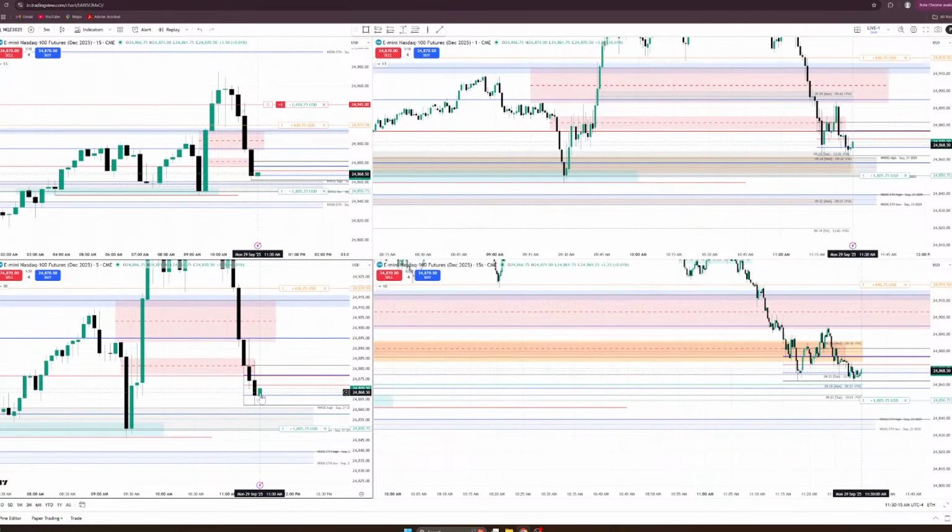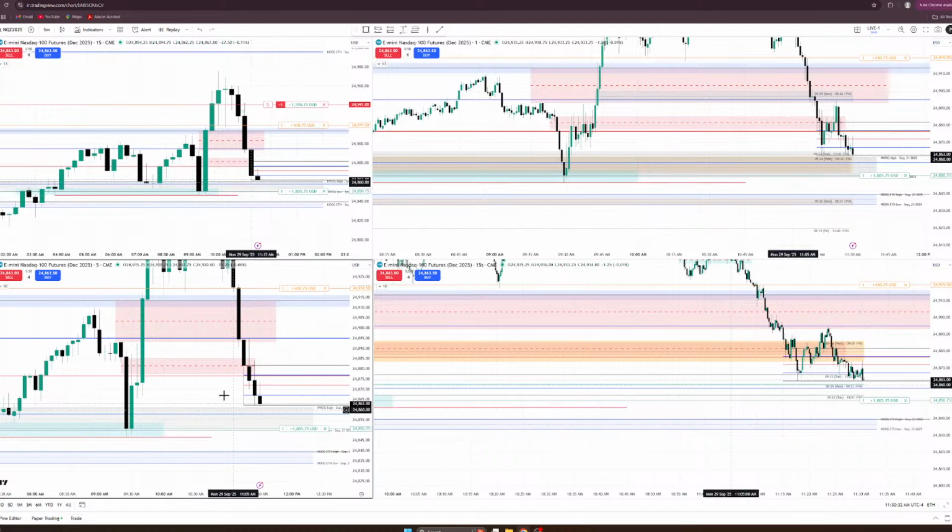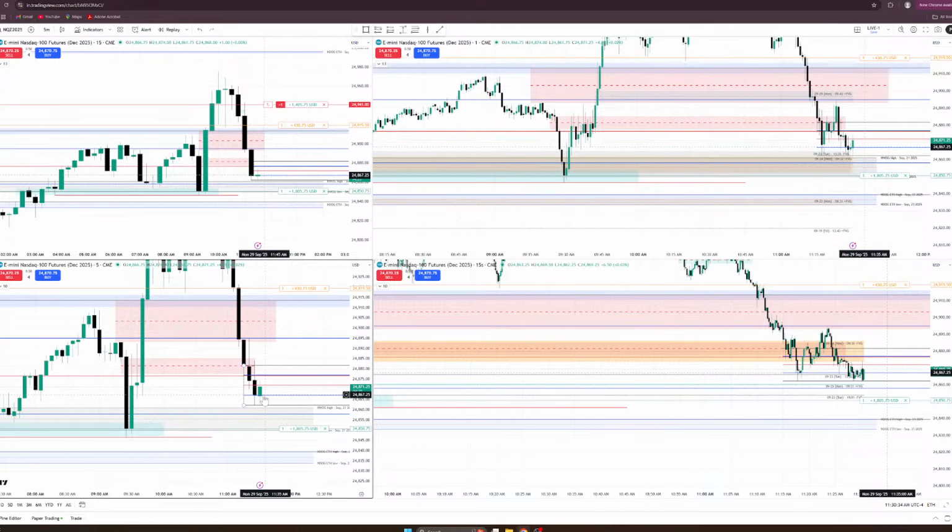So I want to see this candle remain heavy, and this candle should not close again above this 50% of this wick. It can wick into this, but bodies should not close above 50% of this wick. So that is what we wanted to see guys.